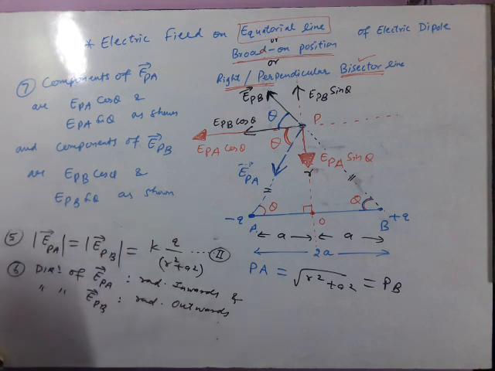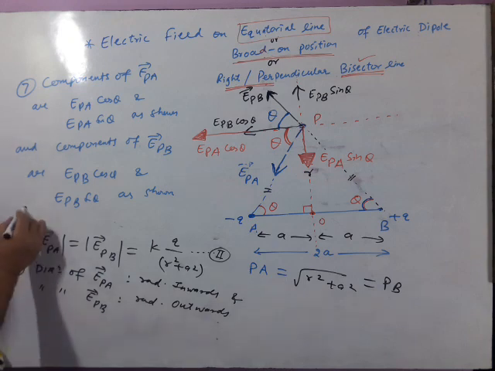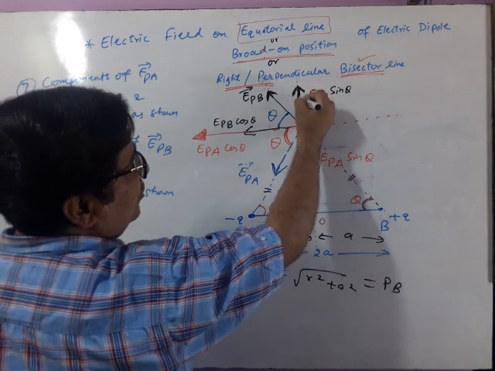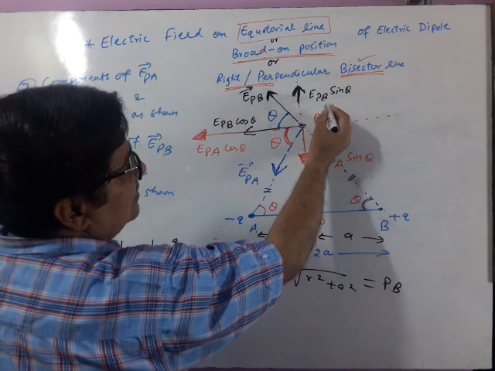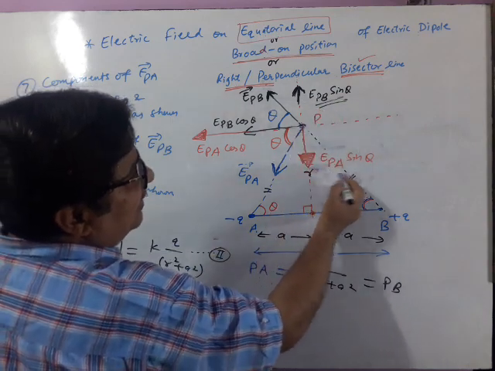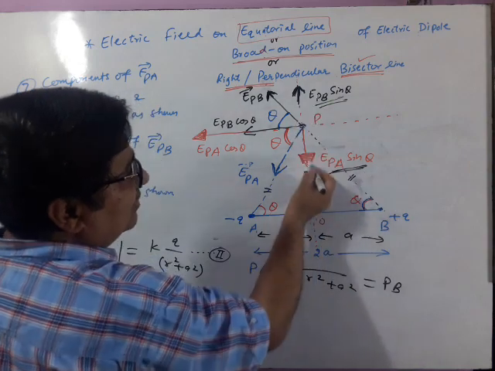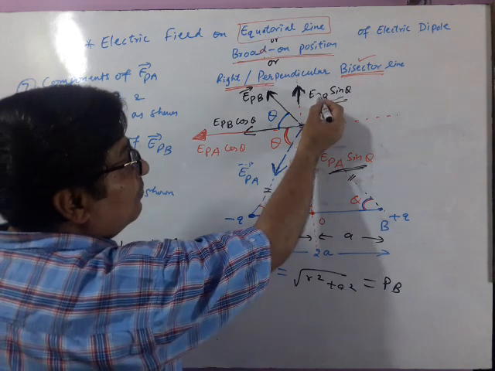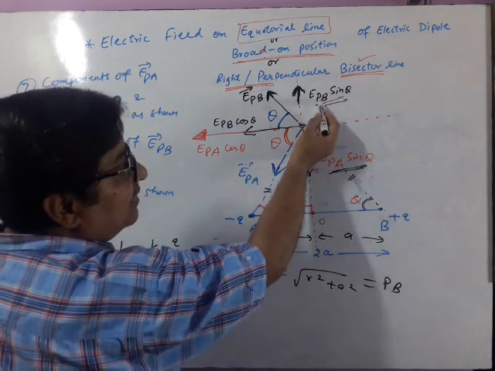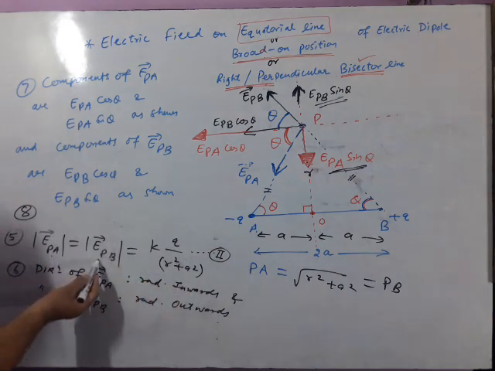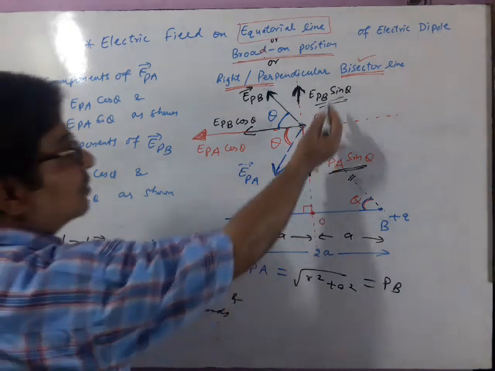Now in point number 8, you focus on these two components. Focus 100%, breathe in slowly and gradually. This is EPB sin theta in the upward direction and this is EPA sin theta in the downward direction. See, they are in opposite directions and having equal magnitudes. EPA and EPB are equal from the second equation. So they are bound to cancel out.